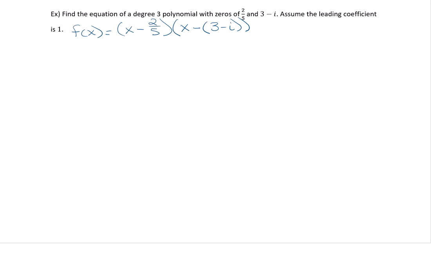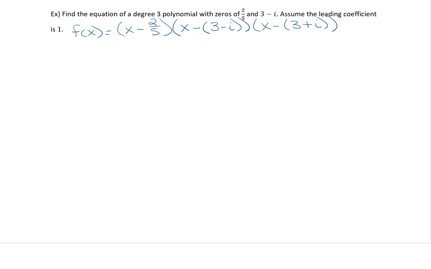So remember, if it has a zero of 3 minus i, it must also have a zero of 3 plus i. And that satisfies our theorem that says if it's a degree 3, then it has exactly 3 complex zeros.